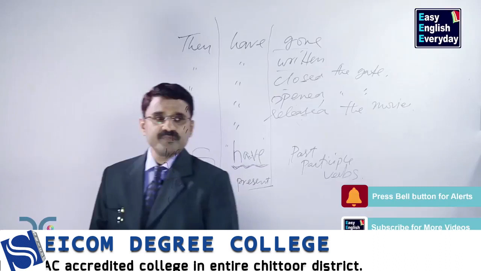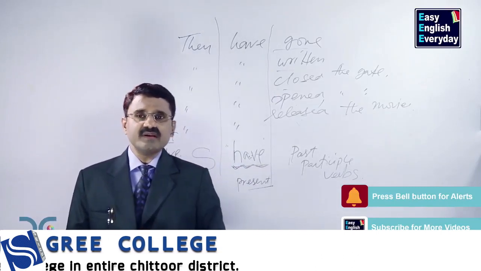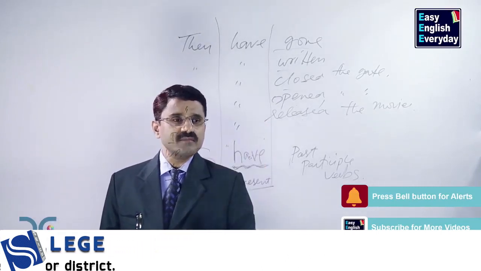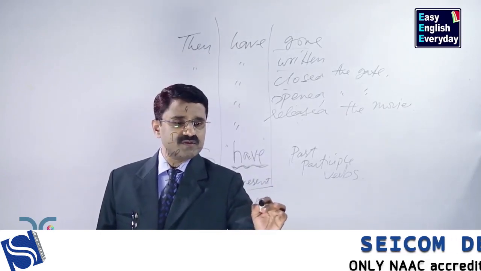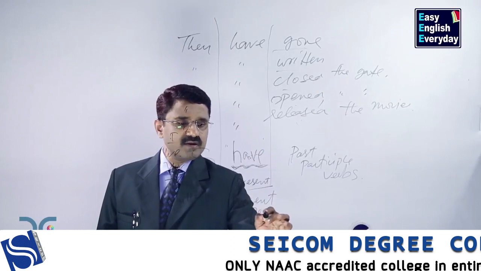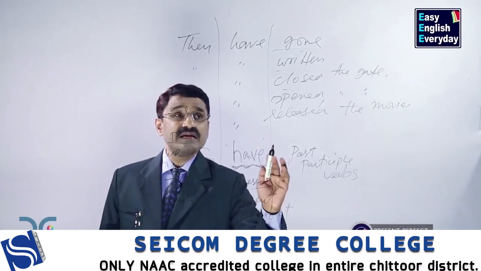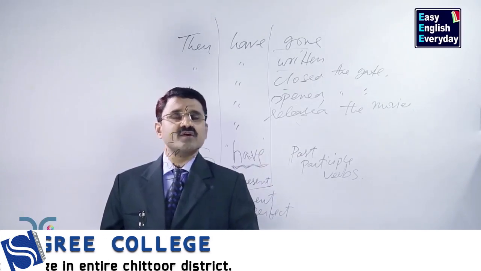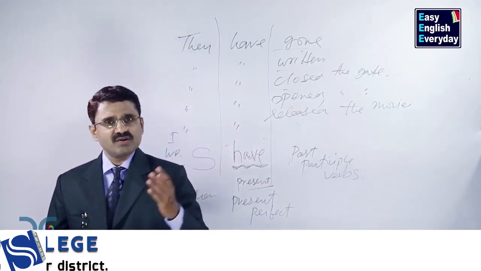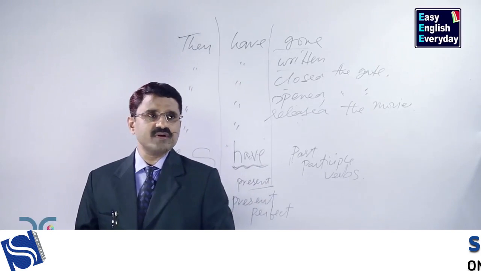And by the way, the traditional teachers call these sentences present perfect. According to the tenses, it is called present perfect tense. It is not necessary for you to remember the terminology.